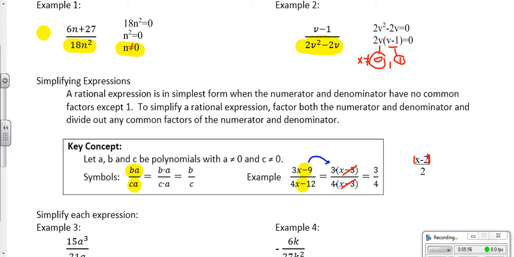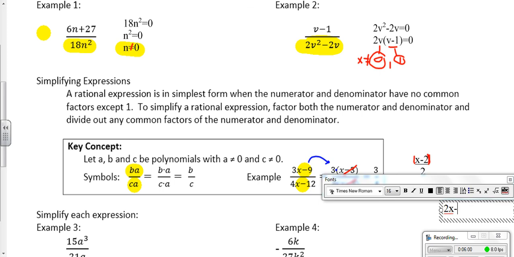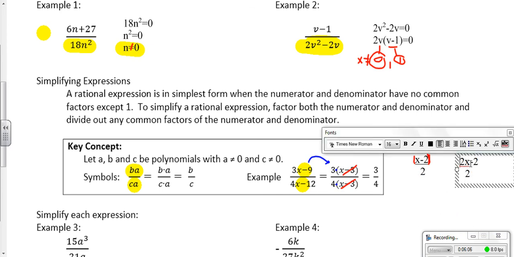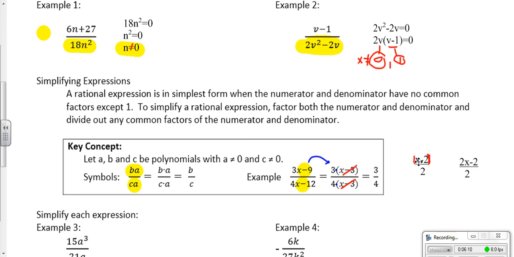So for example, if I had 2x minus 2 divided by 2, in this case I could actually cancel because they all have a 2 in common. And that would leave me with x minus 1.